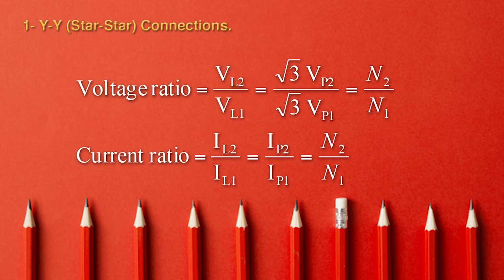Root 3 times the phase voltage of that transformer, and VL1 can be written as root 3 VP1, which is equal to N2 upon N1. Similarly, you can write the current ratio. Current ratio can be written as the ratio of IL2 upon IL1, which is equal to IP2 upon IP1, equal to N2 upon N1, because in case of star connection, line current is equal to phase current.